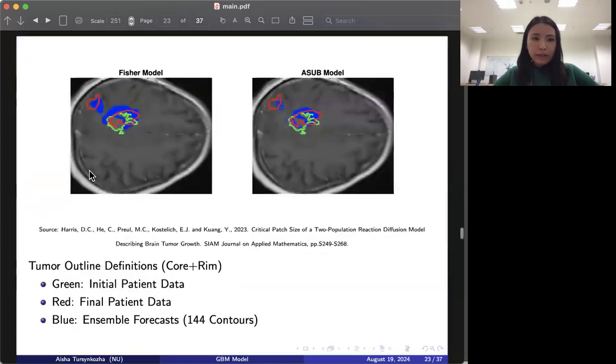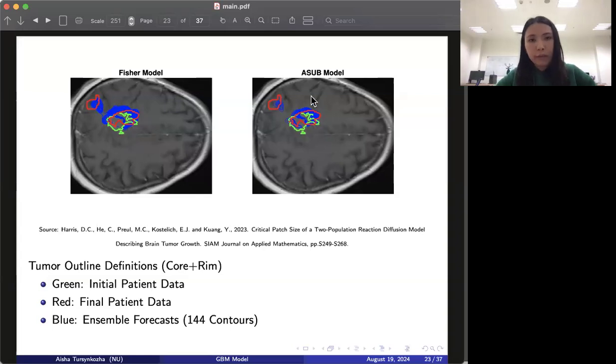Another work here is from Dwayne Harris, where he uses this Fisher model and the SUP model in order to show the progression of the tumor. Here in green, we have the initial patient data, and in red, we have the final patient data.